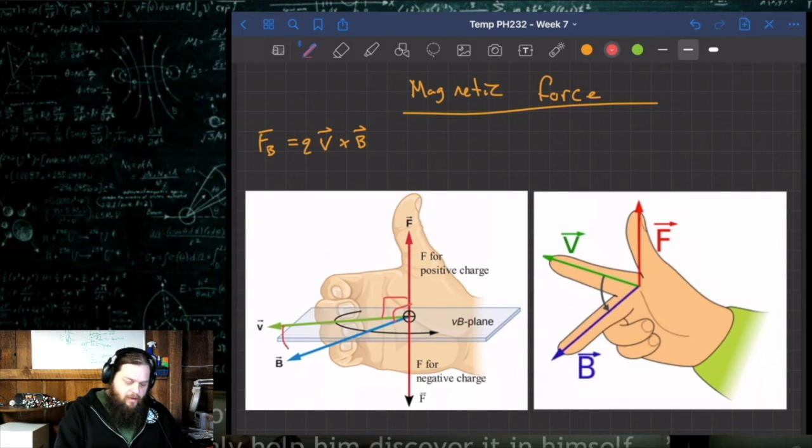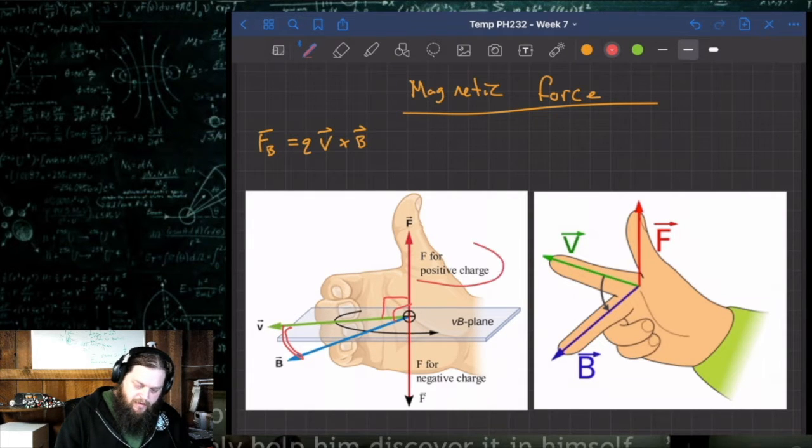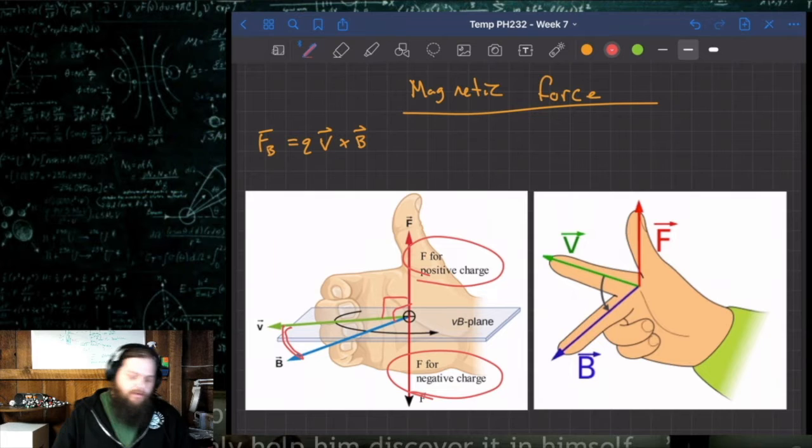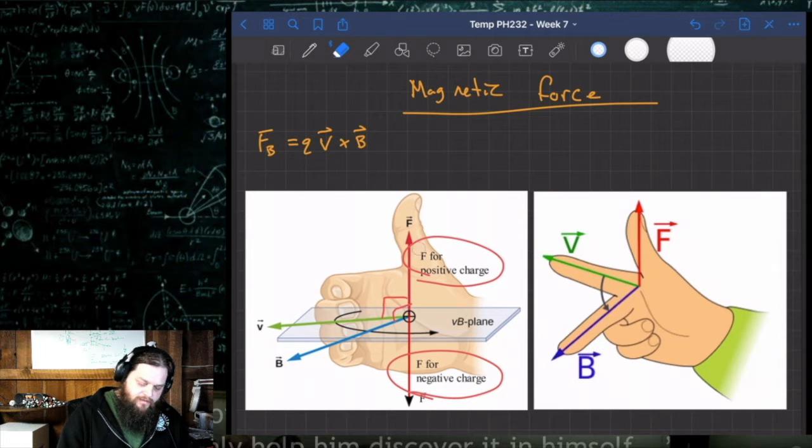The velocity and magnetic field don't necessarily have to be 90 degrees apart; they could be any angle, but the force is always 90 degrees to both. We call it orthogonal in 3 dimensions, perpendicular to each of them. Here the force goes upward for a positive charge, and downward, opposite the direction of your thumb, for a negative charge.